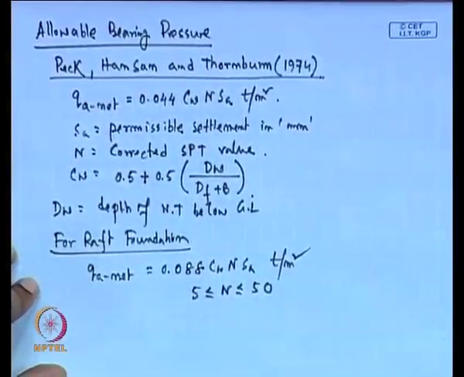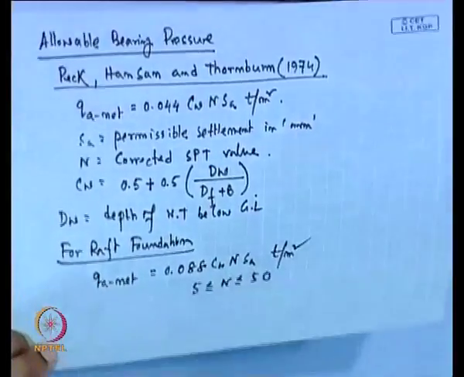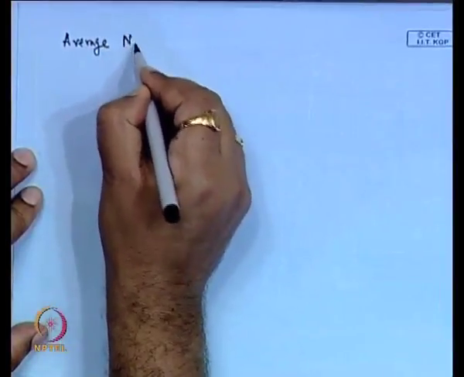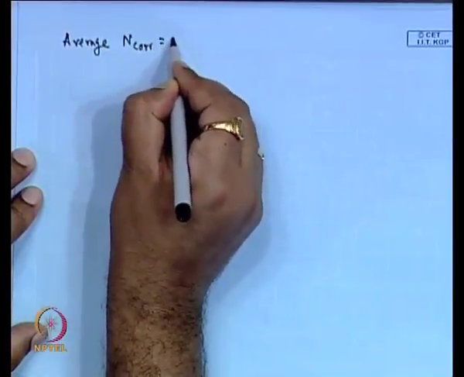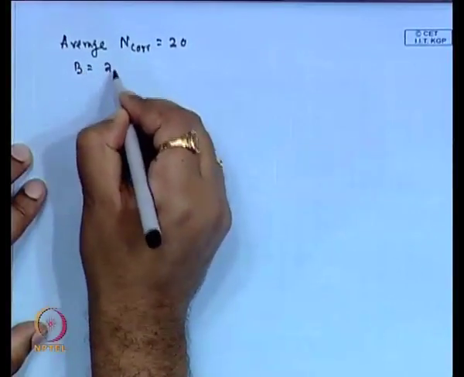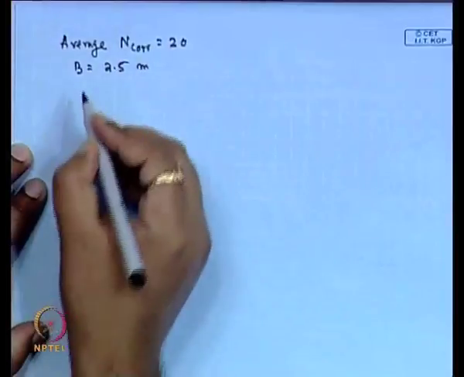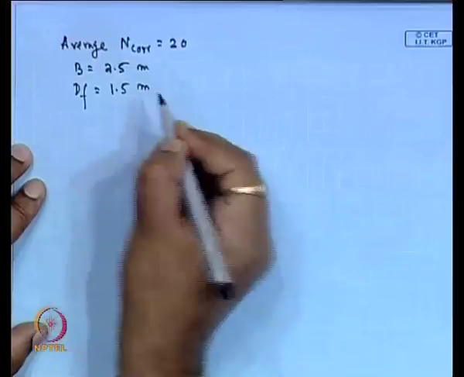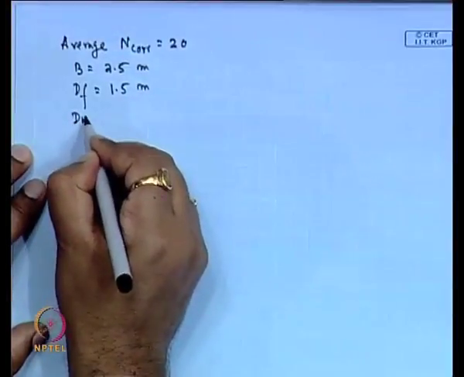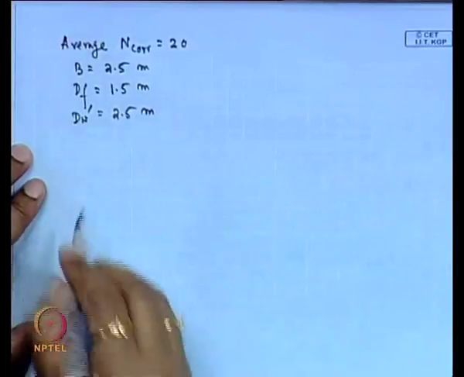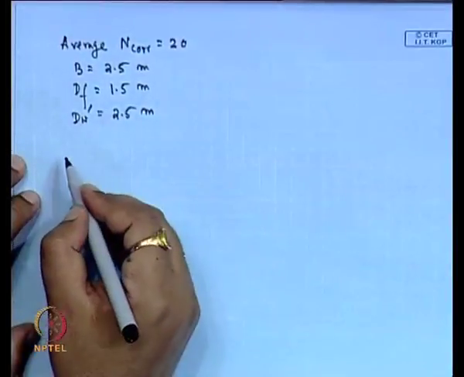So, now for this case, suppose the average N corrected is 20, say, and the width of the foundation is say 2.5 meter, and the depth of the foundation is say 1.5 meter, and dw is 2.5 meter from the ground level, the depth of water table from the ground level.